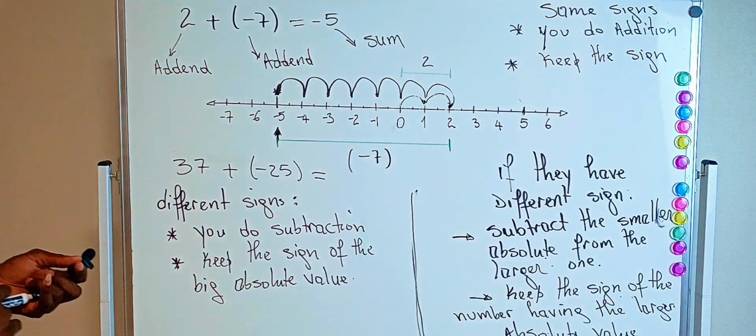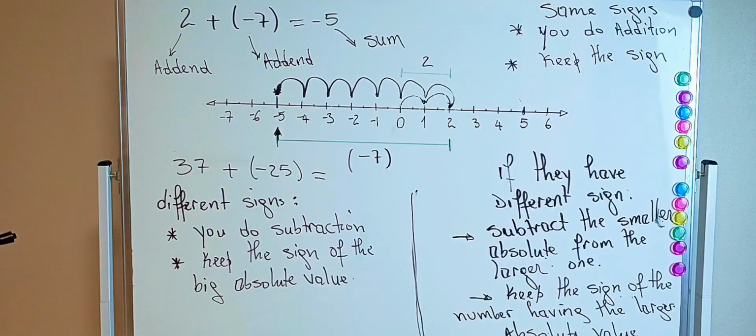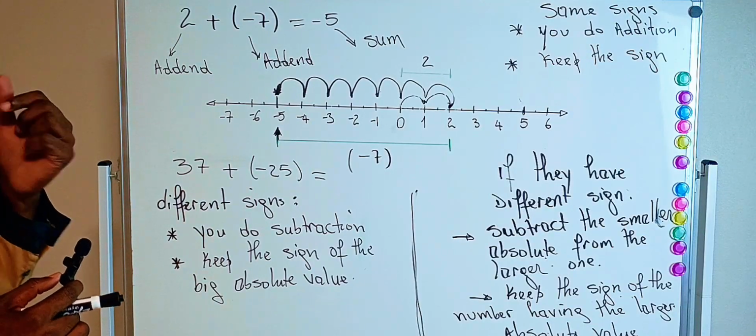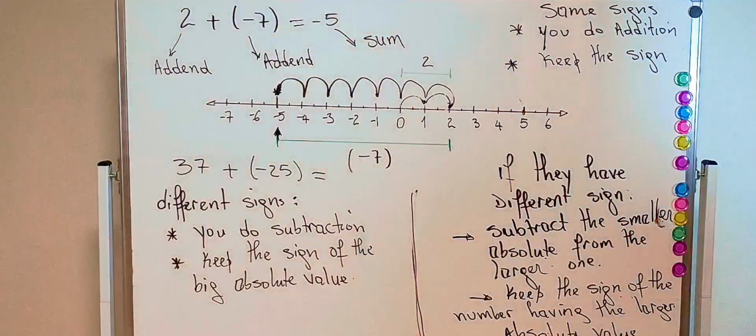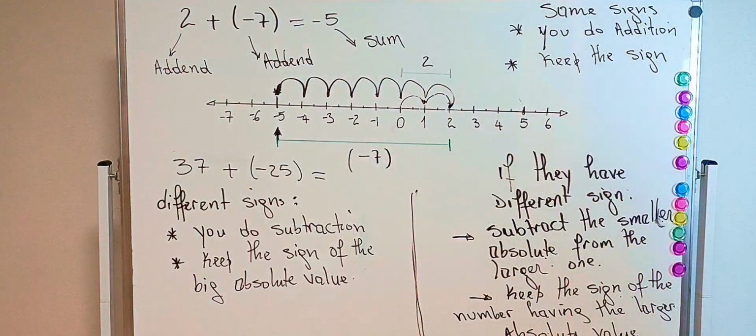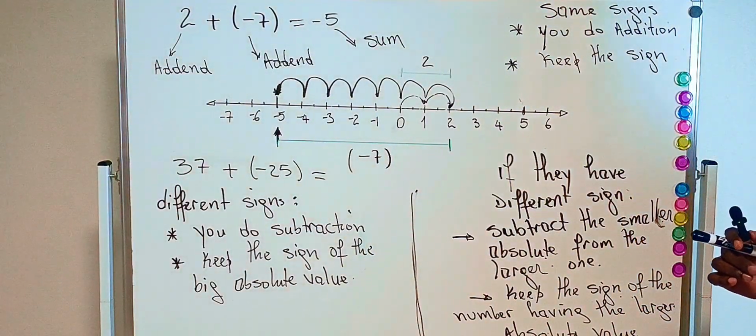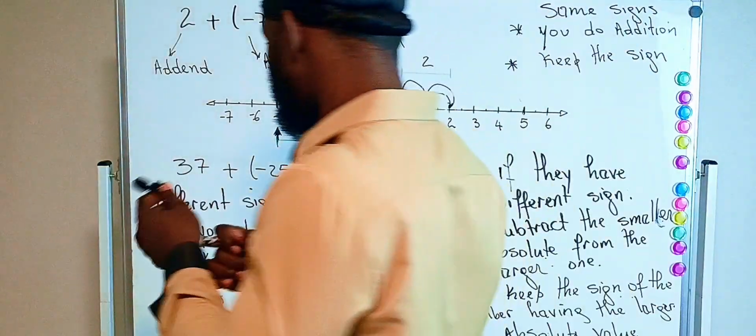If their signs are positive, you keep the plus. If their signs are negative, you keep the negative. That means same sign, you do addition and keep the sign. Different sign, you do subtraction and keep the sign of the big absolute value. You guys understand that?